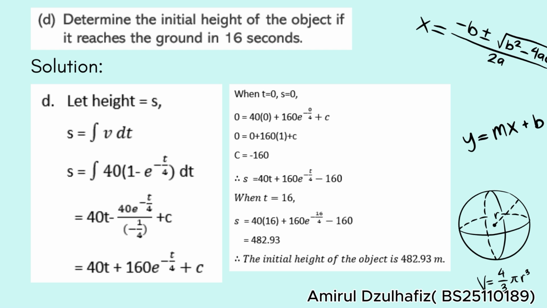We apply the initial condition where t equals 0, s equals 0, so we get c equals negative 160. We get the displacement function, which is s equals 40t plus 160 exponential to the power of negative t over 4 minus 160. Finally, we find the initial height. When t equals 16, s equals 482.93 meters.